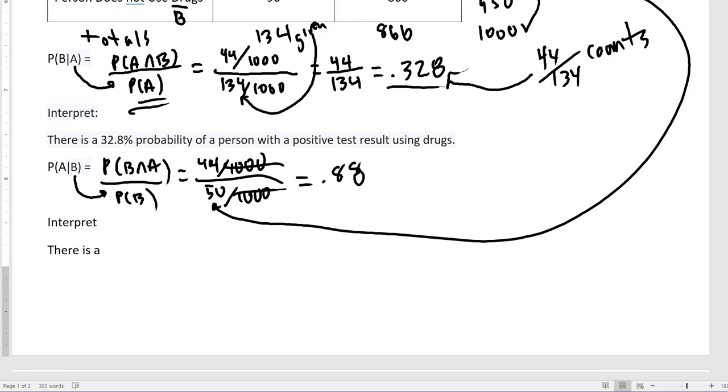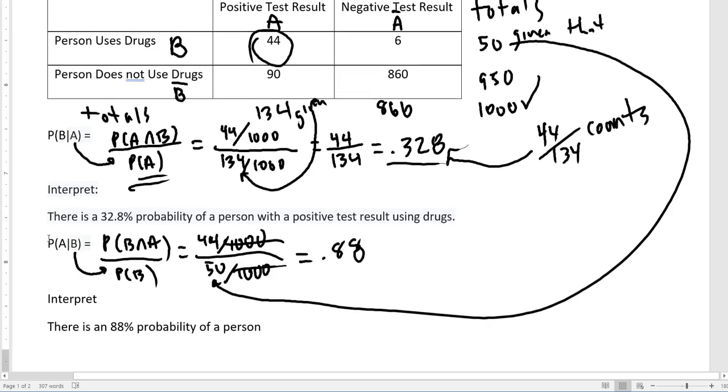There is an 88% chance that, alright, I'll learn to spell something. Apparently caps lock was fun. Of a person who, what? What was our given that this time?